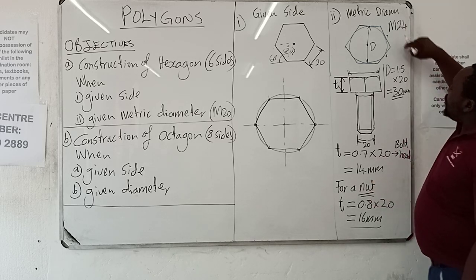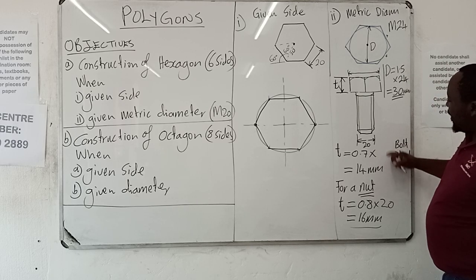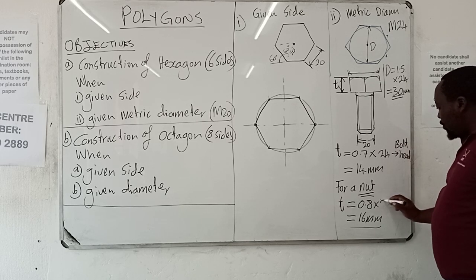So if it's M24, you put 24 here, 24 here, and 24 here.